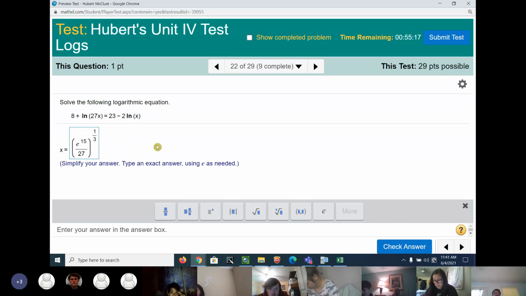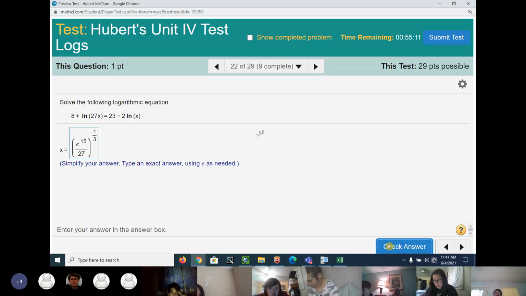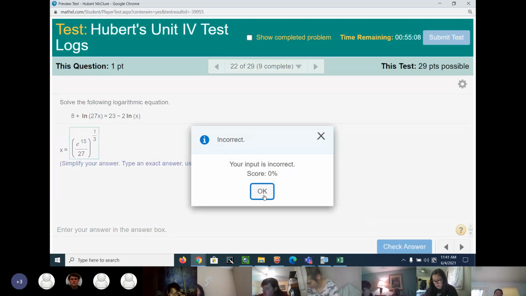I just want to see if it'll take that, because most people put radicals for the third root. Let's see. Nope, didn't like that, did it?